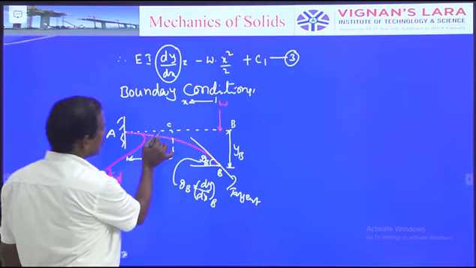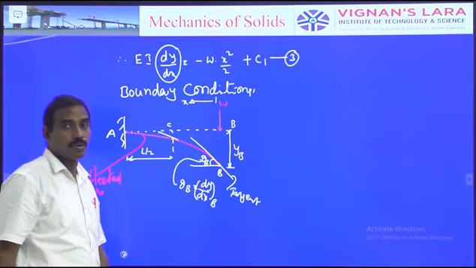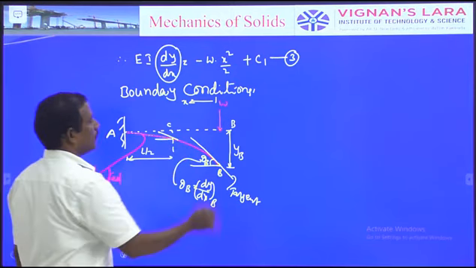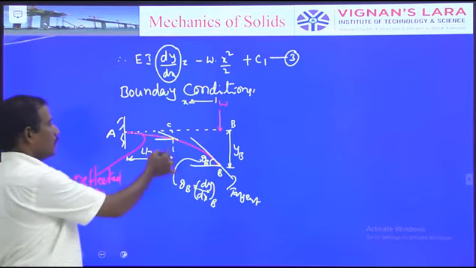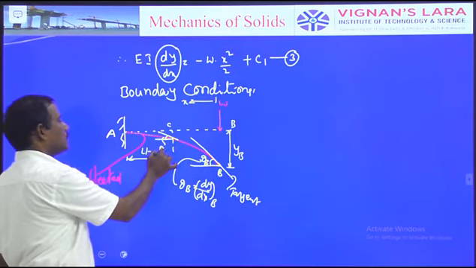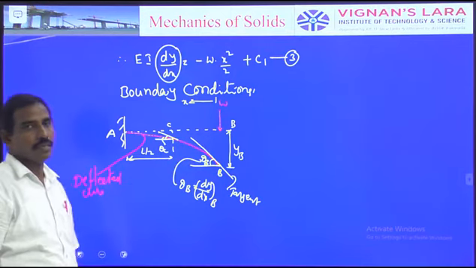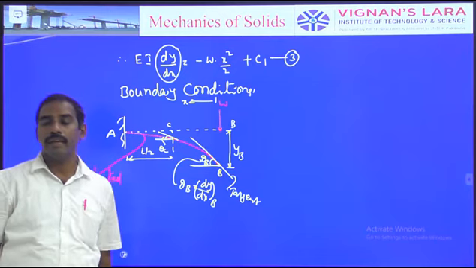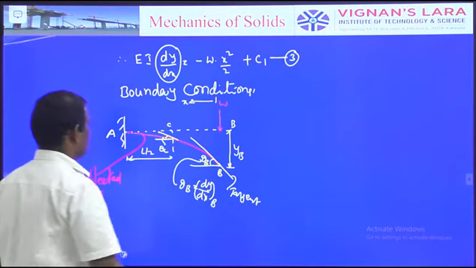This is a tangent drawn at point C, and this is a horizontal line drawn at C. If you measure the angle between these two lines, that is theta C. Of course, the slope must be in radians for calculation purposes.